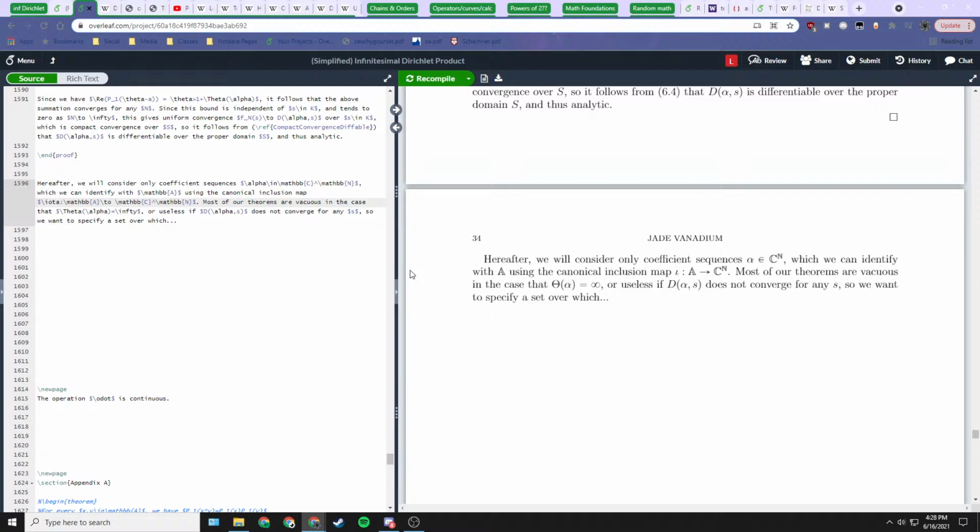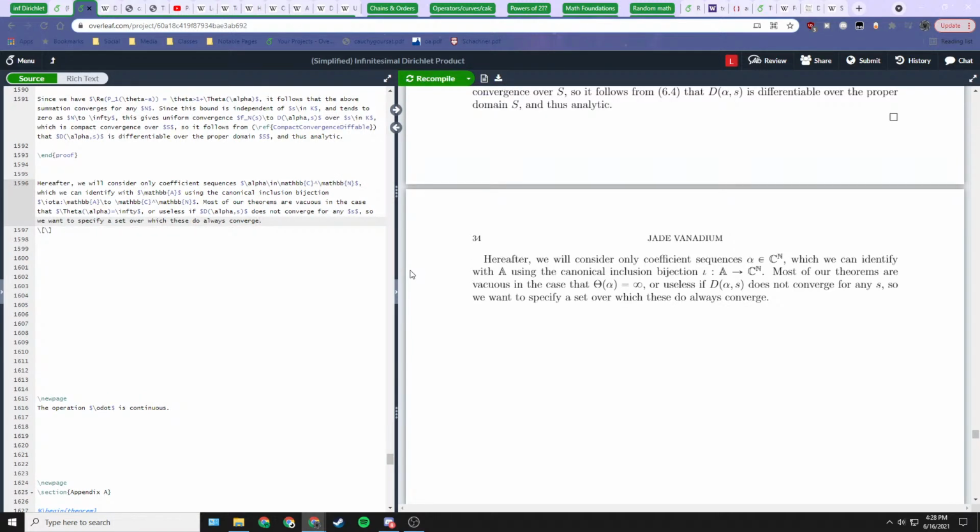Okay, so we'll define A sub theta as the set of alpha in A such that theta of alpha is less than infinity, so it's finite.